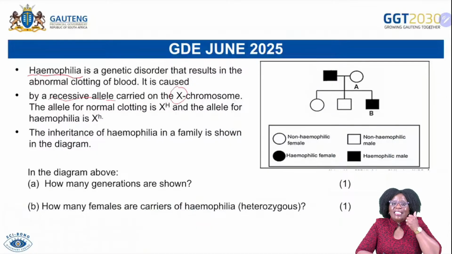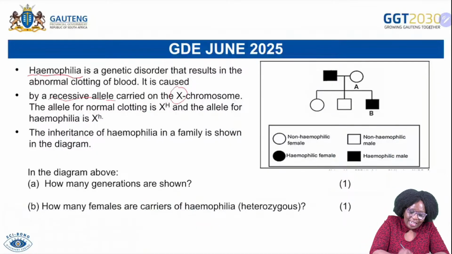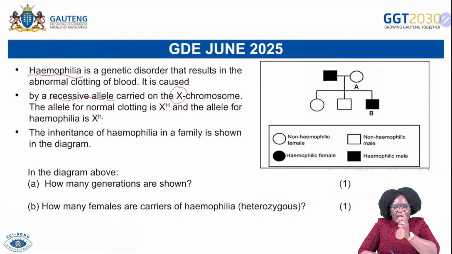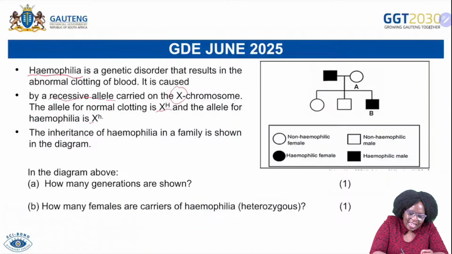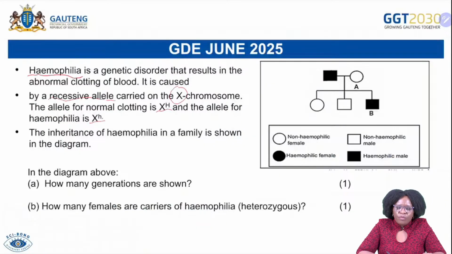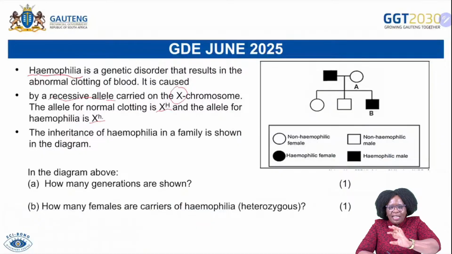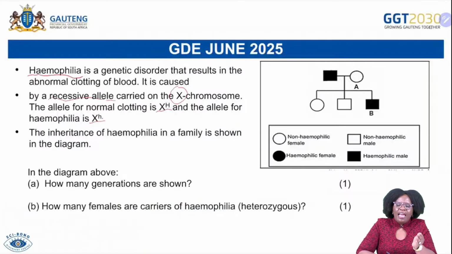So hemophilia is recessive. That is why we're underlining recessive, because there is either a dominant or a recessive condition. The allele for normal clotting is X capital H, and the allele for hemophilia is X small h. You can see that the capital letter represents the dominant part and the small letter represents the recessive part.